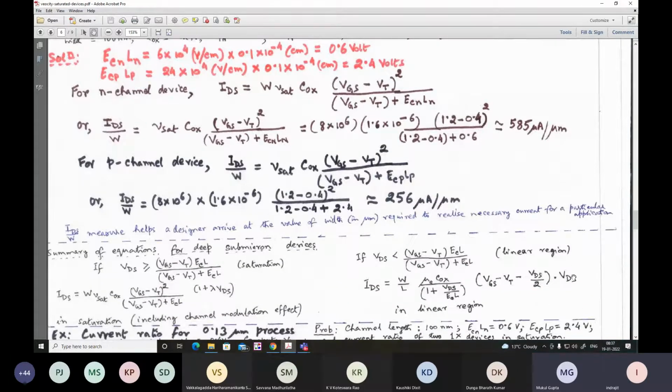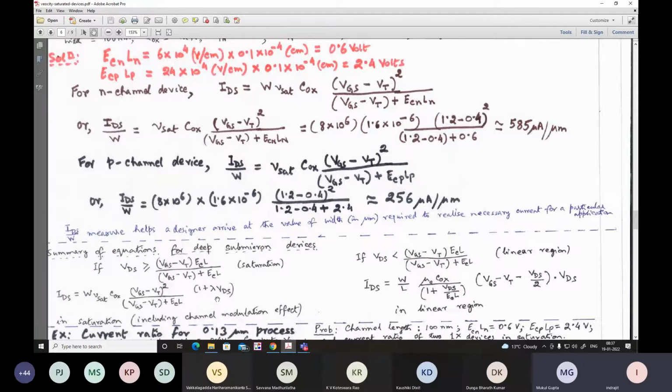So in summary, the equations for deep submicron device we can mention. This is the equation for VDSAT. Whenever the drain to source voltage exceeds this expression, it means the device goes into saturation. Now if you take into consideration the channel modulation effect, that means having reached saturation, the current tends to rise, but with a very small slope, as small as say 0.1.